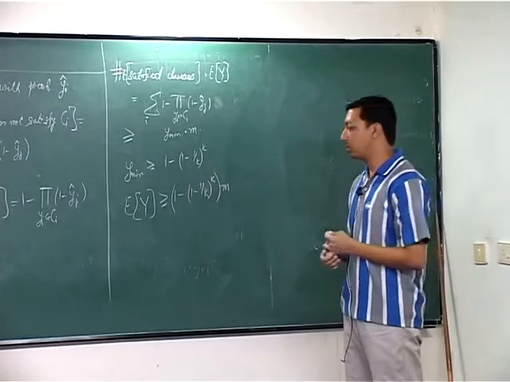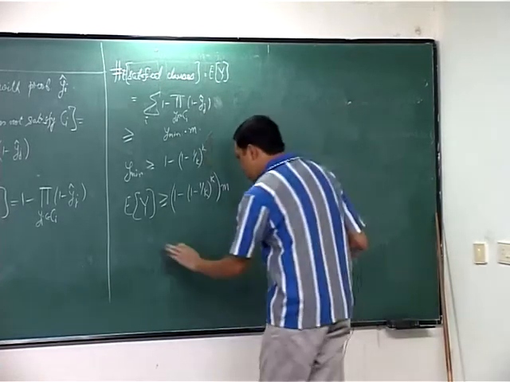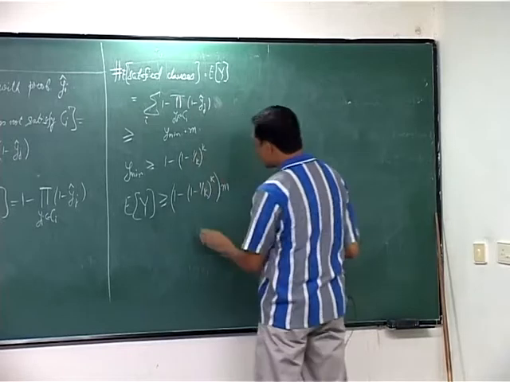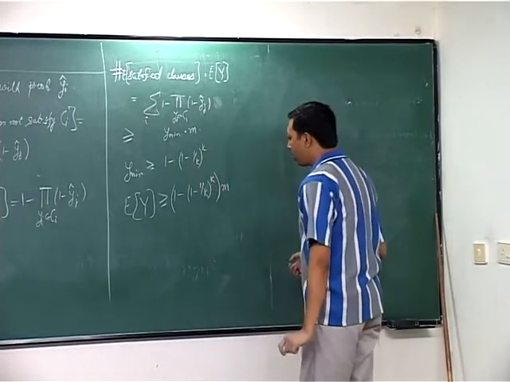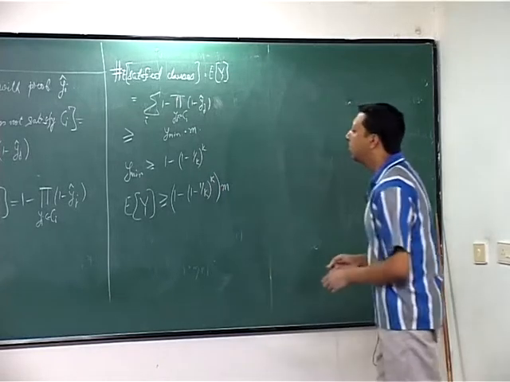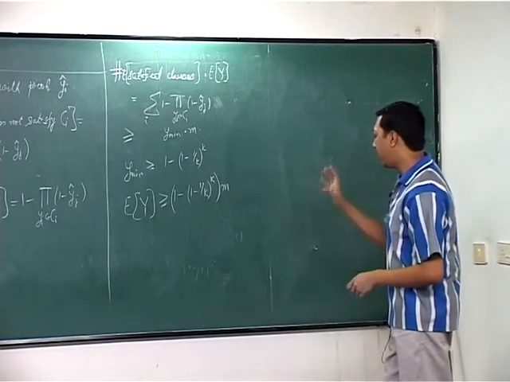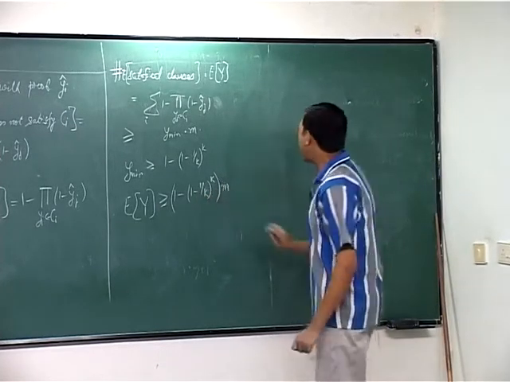Right, and what you can show is that this number is at most 1 by e, okay, this number. Why is that?